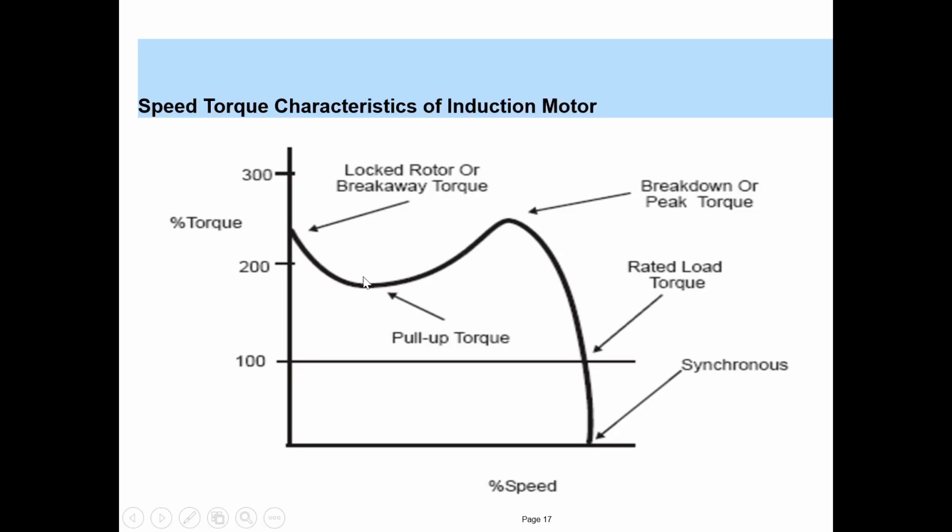Now if you ask why it can't operate here, let's see what happens in this region. If you want this to be an operating point, what will happen? If you increase the speed, torque also increases, so the speed will continue increasing, so this cannot be the equilibrium point. Hence this is the equilibrium or the operating point for the motor when you don't have a drive.